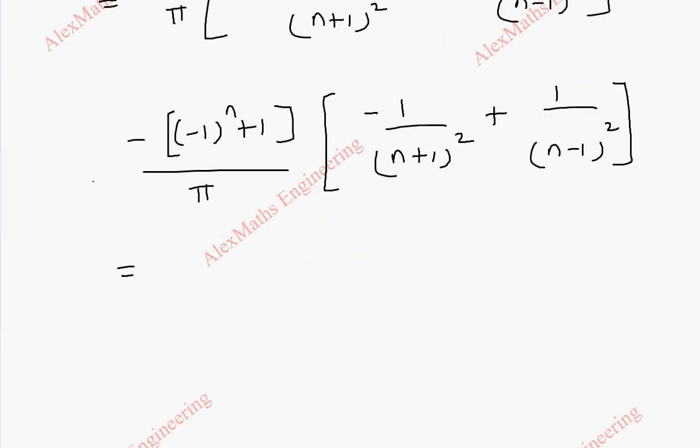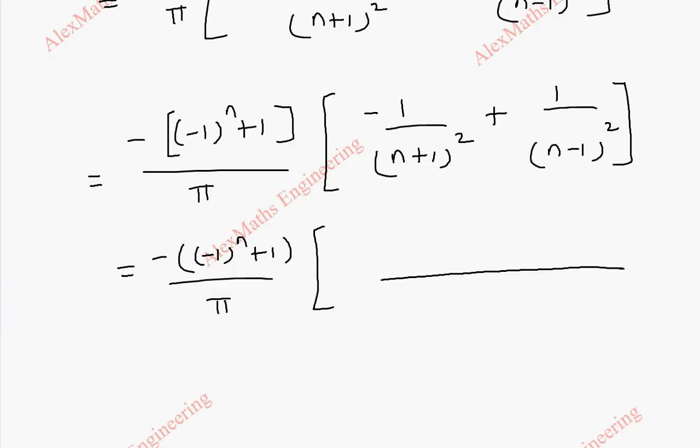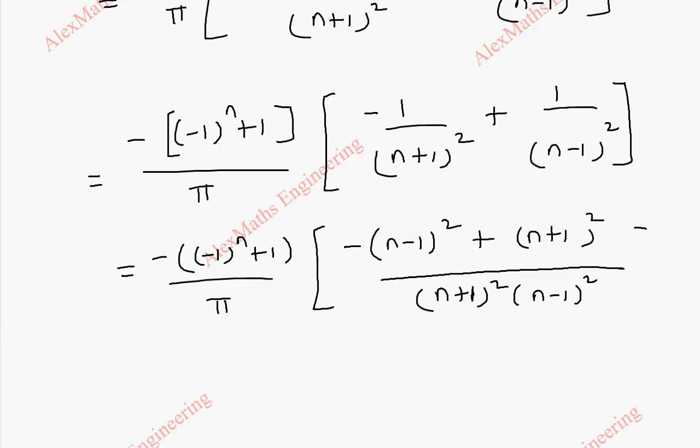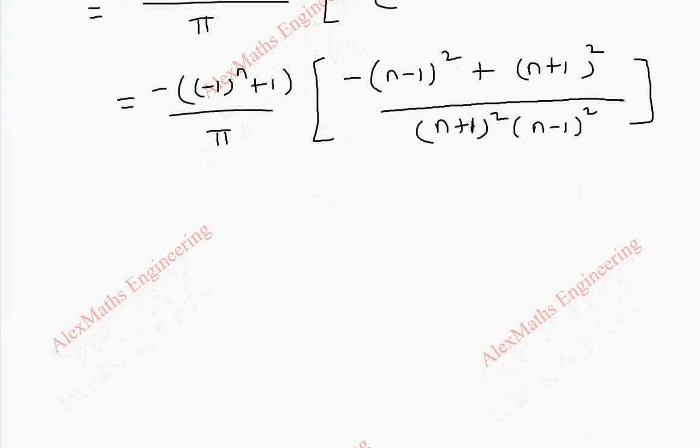So this term we keep as it is, minus of (-1)^(n+1)/π, and here the LCM is (n+1)² into (n-1)². Now in the numerator it will become minus of (n-1)² plus (n+1)². We took LCM here. We are going to simplify further in the numerator.